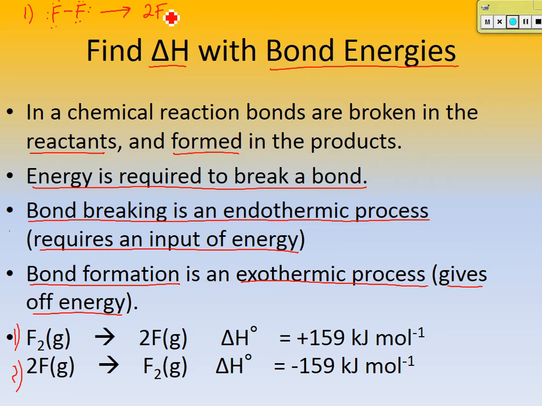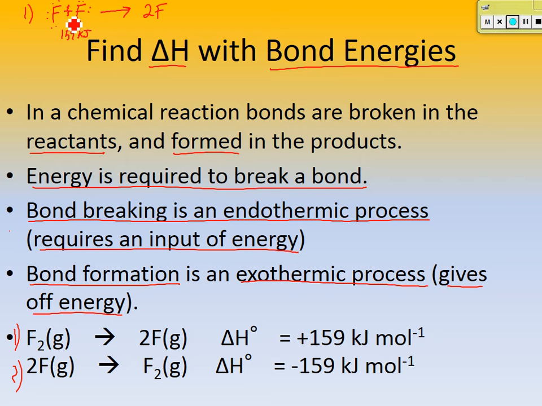Now, what I've given you before we started this lesson was a bond energy table. I would like you to look up on your bond energy table, how much energy does it take to break this fluorine-fluorine single bond? Okay, so if you look up on that table, what is it? 159. So in order to break this bond, 159 kilojoules of energy is required.